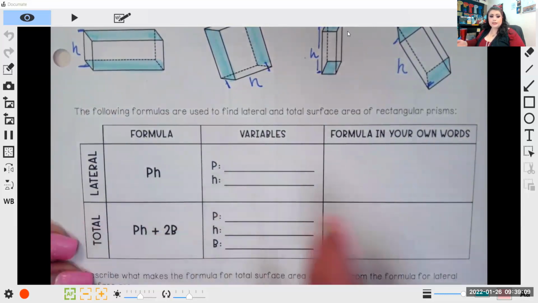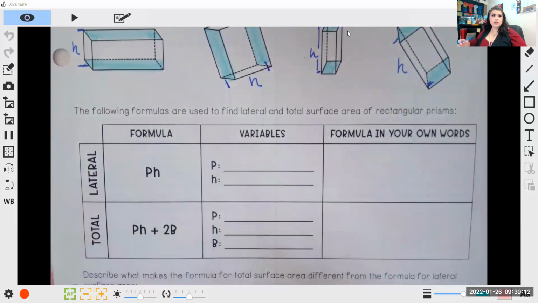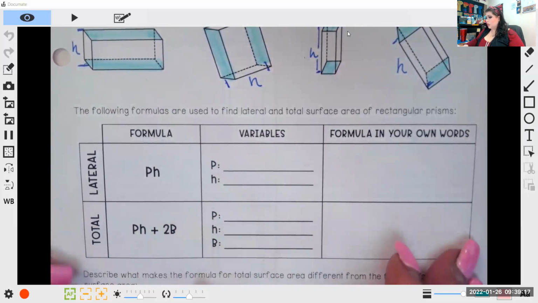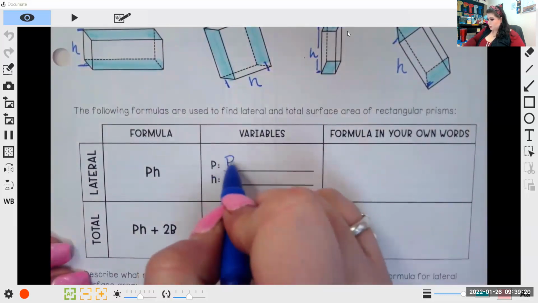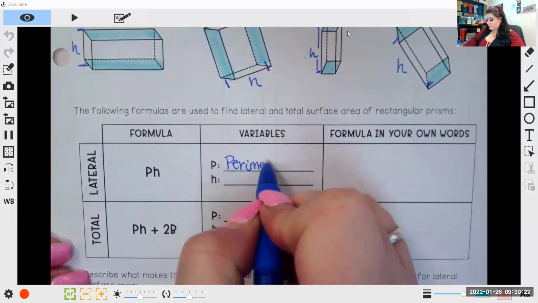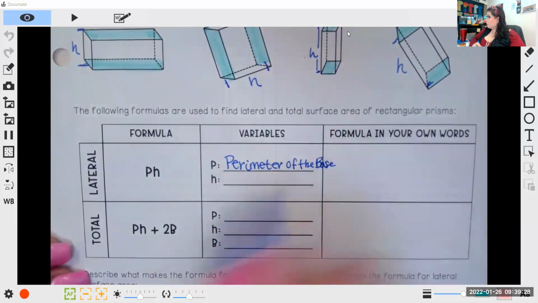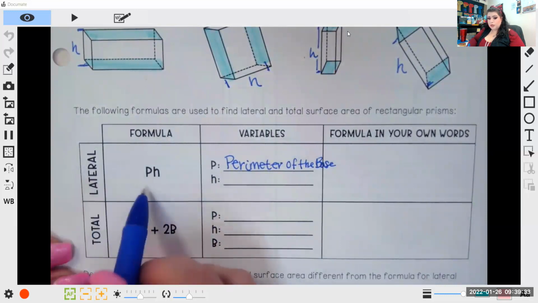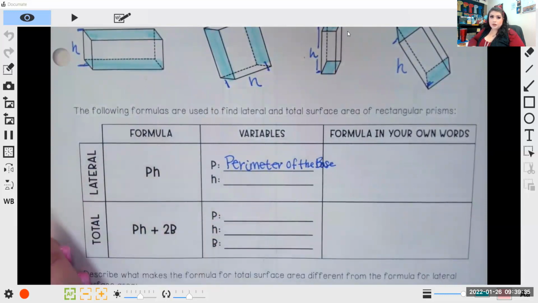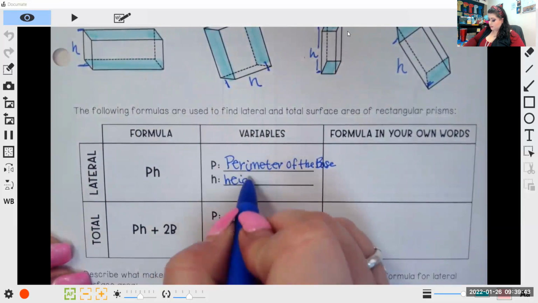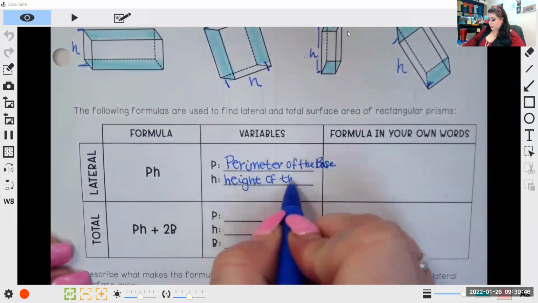The formula for a lateral surface area is P, capital P, H. The P stands for your perimeter of the base. Just like when we had big B, remember that was the area of the base? Well, capital P or big P is perimeter of the base. And of course, H, as we stated before, is the height of the prism.